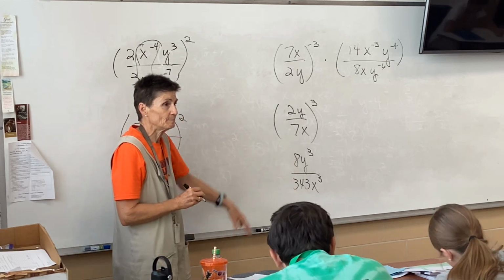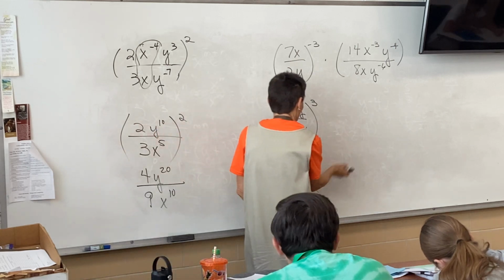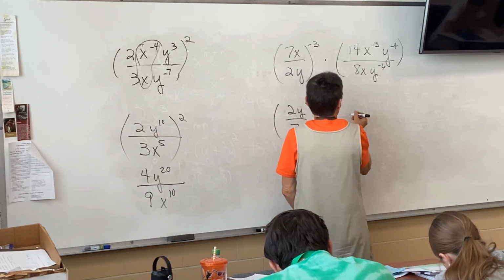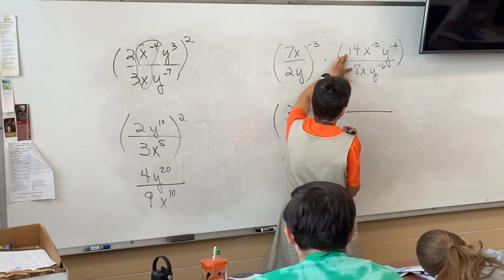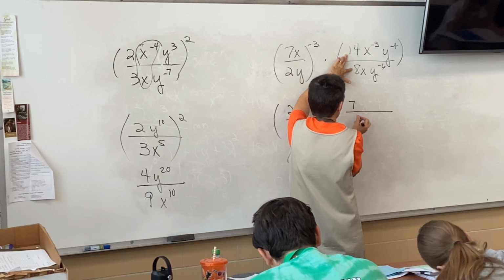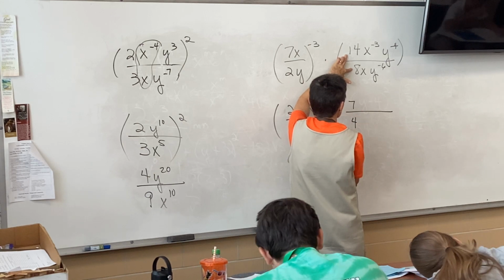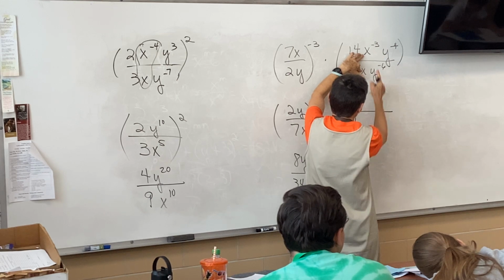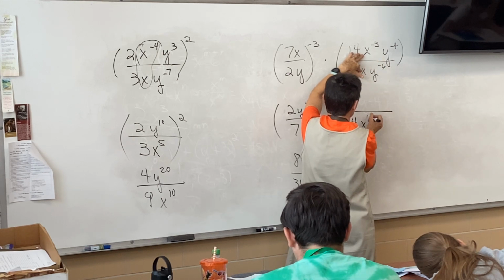Are we okay with that? All right, now, what a mess. That reduces, I'll make that 7 over 4. These go together, come down, x to the 4th.